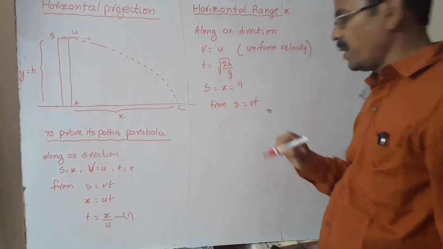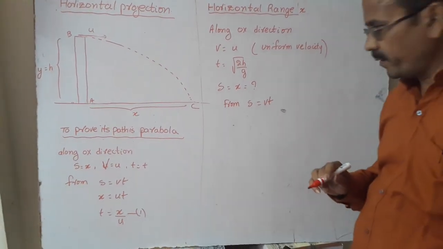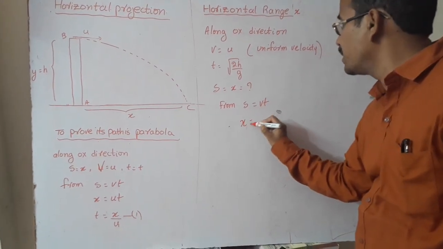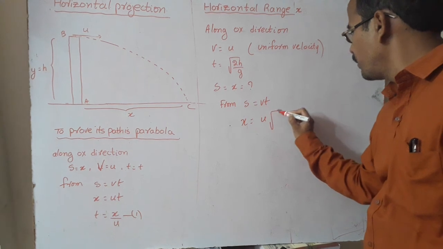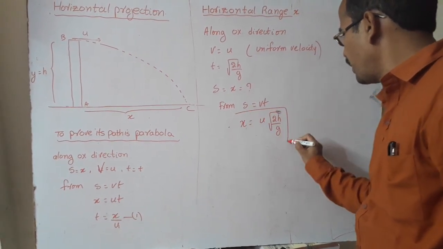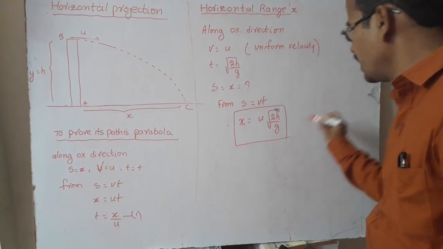This is the formula for a body moving with uniform velocity. On substituting, x is equal to u root of 2h by g. This is the formula for horizontal range.